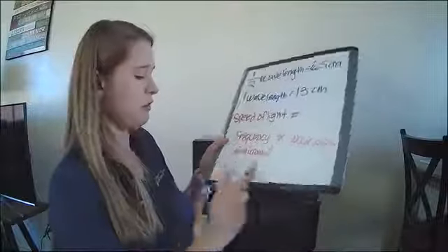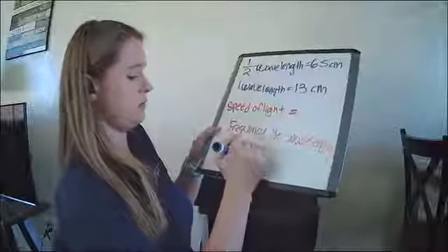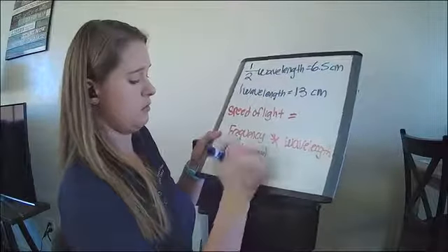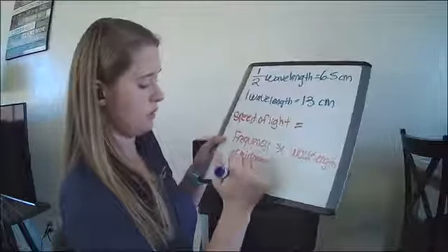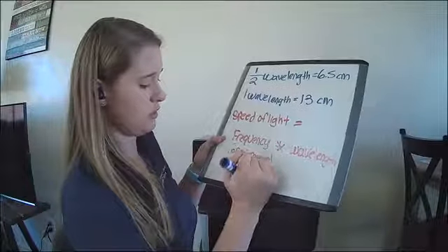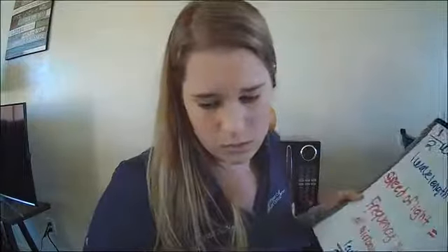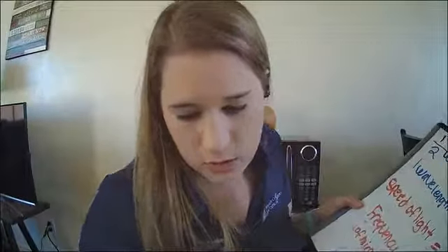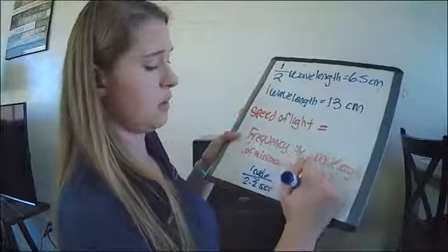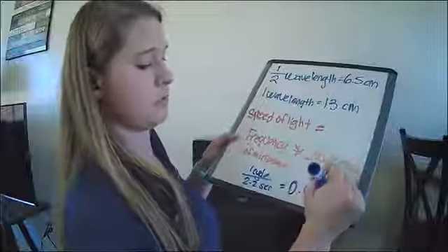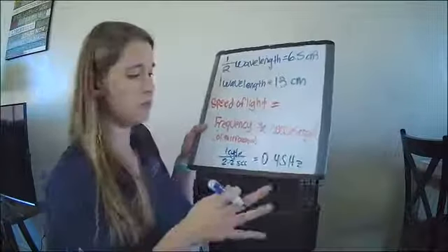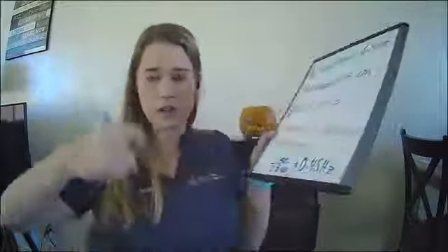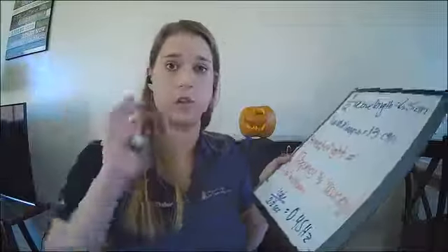So we have one cycle for 2.2 seconds, which equals 1 divided by 2.2 equals 0.45 hertz. So that's just one value, so you kind of saw what 0.45 hertz looks like.